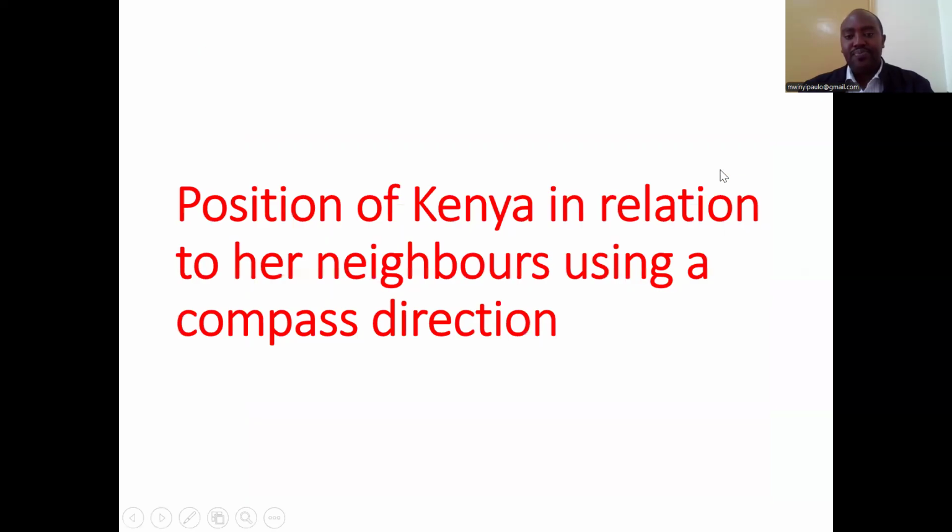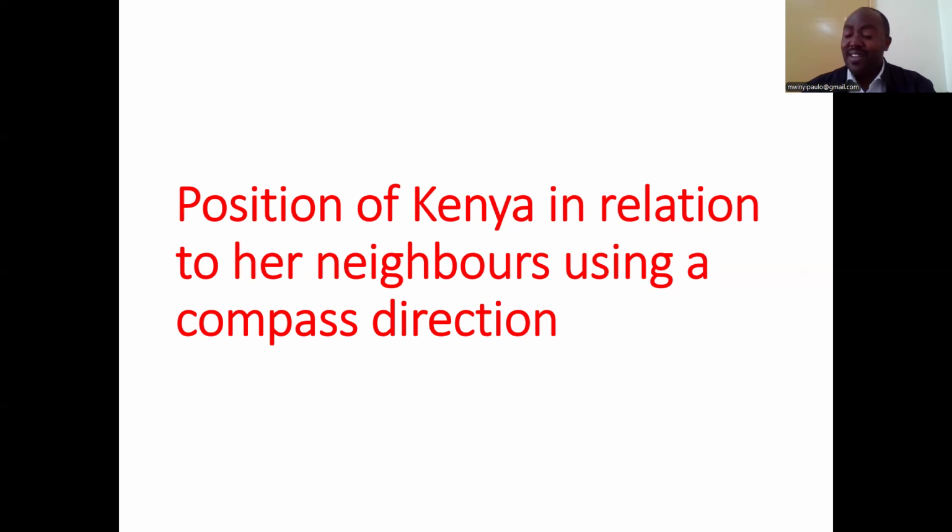Let's soldier on. Next, we shall look at the position of Kenya in relation to her neighbors. And in this case, we shall use an instrument that we learned in grade 4, which is used to show directions. I pose a question to you here, my dear learner.